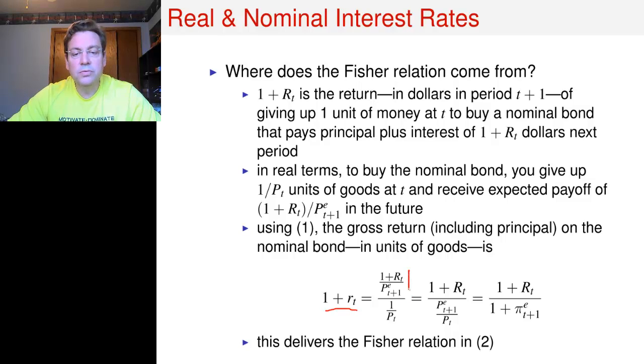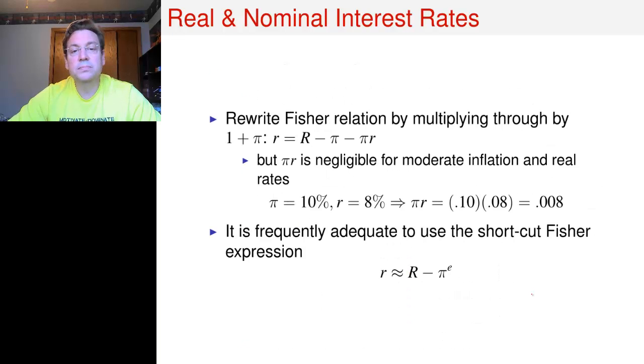This is the nominal return deflated by the price level next period. And this is the real value of what you had to give up to buy $1 worth of bonds today. So if you just do the simple algebra, you end up with the Fisher equation, which says that the real rate is the nominal rate deflated by the expected inflation rate.